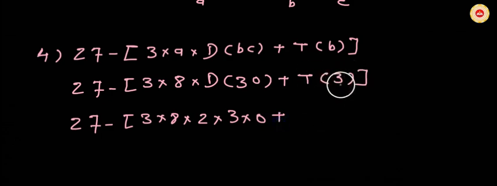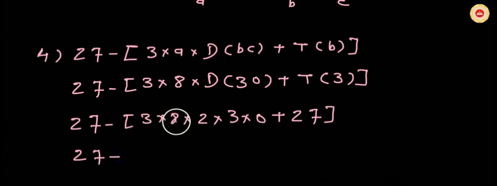We cube that digit and it's the triplex of that digit. So 3 cubed is 27. So 27 minus 3 multiplied by 8 multiplied by 2 multiplied by 3 multiplied by 0, 0. So 27 minus 27 is 0, 0 is the net dividend.